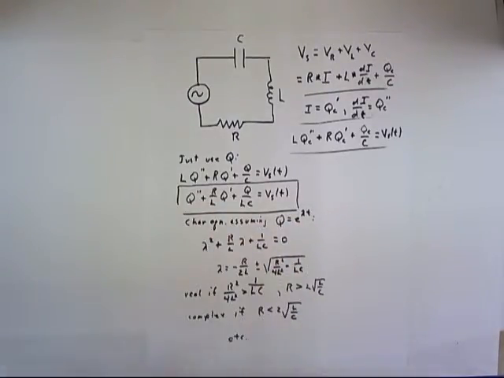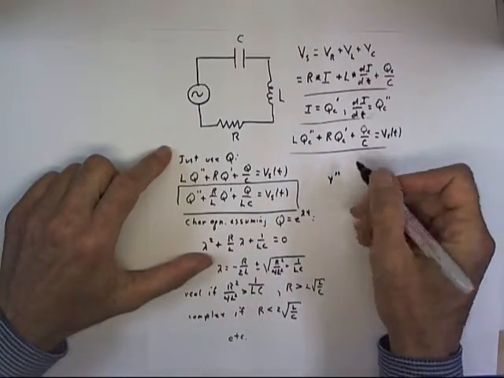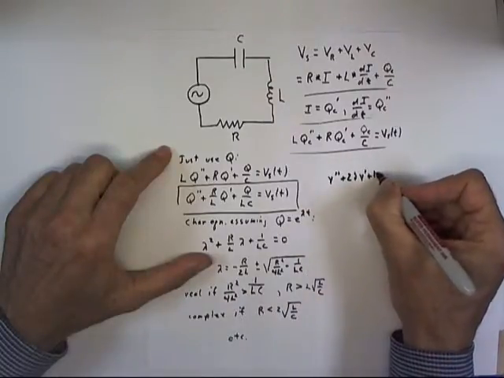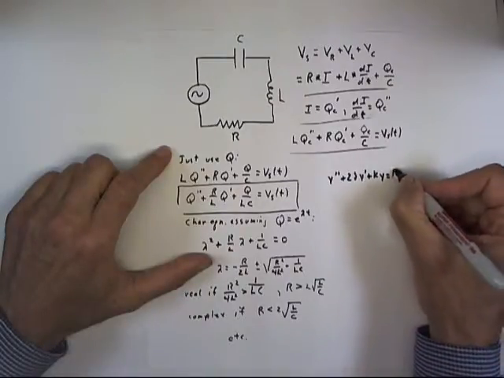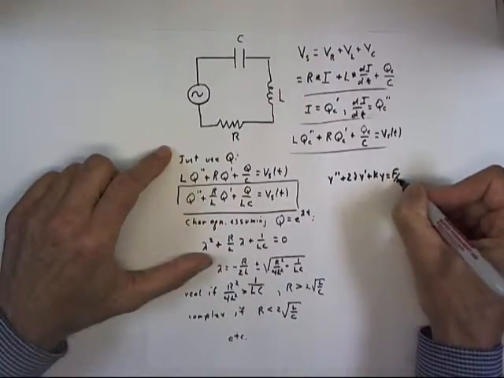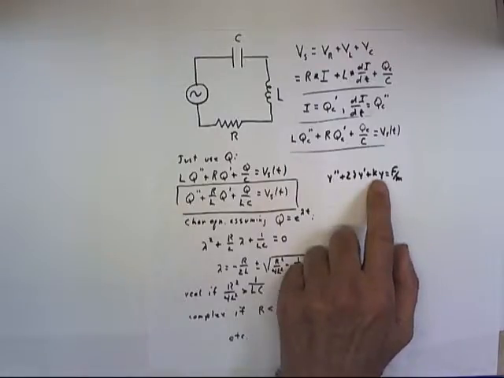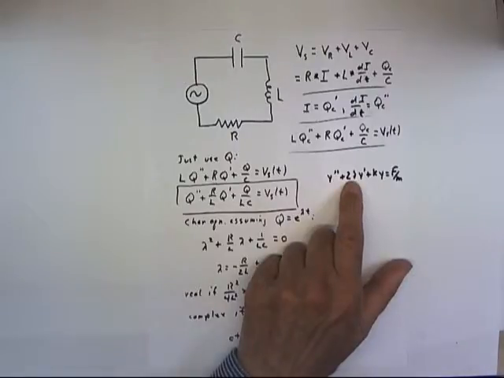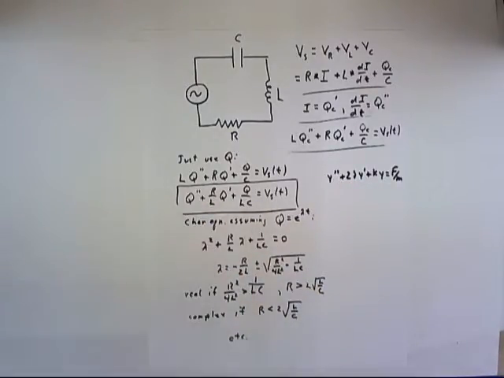Now, as we said a little while ago, this is of the same form as the equation that you would have for damped harmonic motion, the equation that we should be familiar with now, where the K is analogous to 1 over LC. The delta, the drag coefficient, is like the R over L.